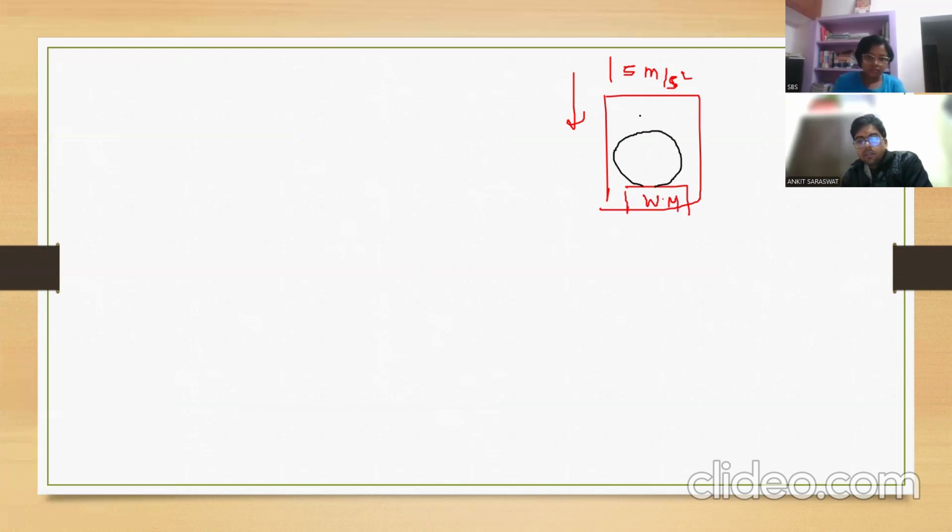Let us suppose his mass is 100 kg. I just want to check whether it is mathematically correct or not, because even I don't know. If I increase the mass of a person, is it possible?